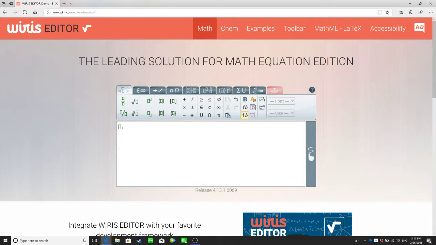When we read this sentence, we can find keywords like if, and, or, and sometimes if and only if.